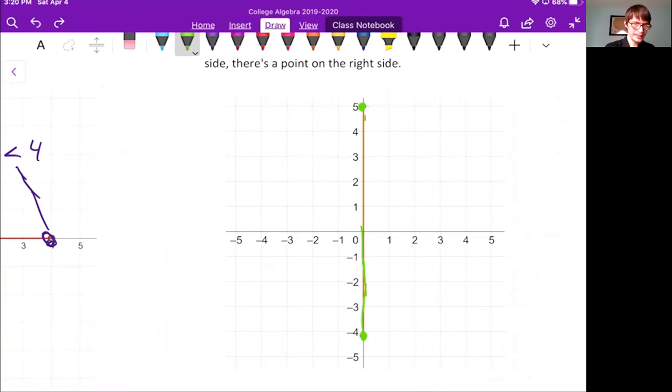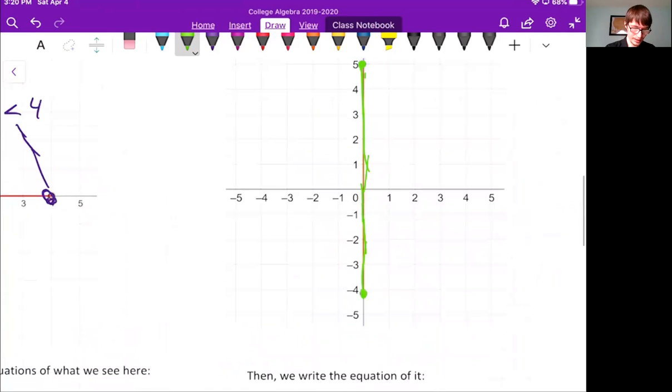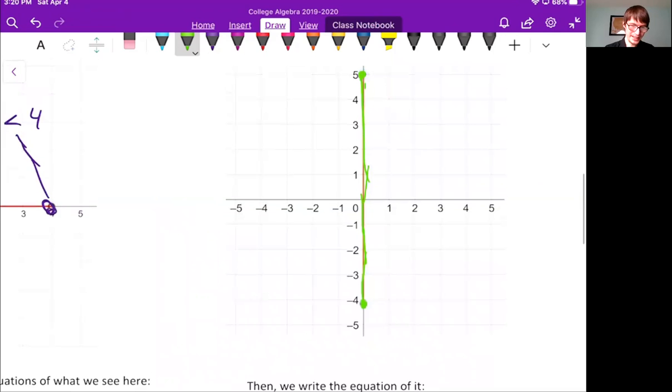Okay, so what that means now is to define this, we just write the equation of what this literally is. We start with -4 at the bottom, and there's a solid point there, so we'll put a less than or equal to, and we'll put our y, and then there's a solid point at the top, so we'll put a less than or equal to, and we'll put a 5.